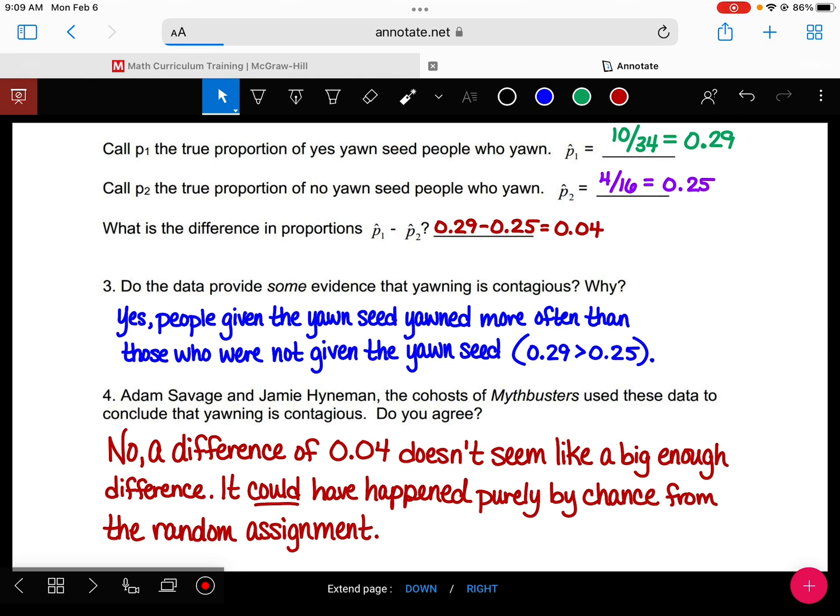So we're going to do an activity to determine whether or not this difference, this 0.04 that they saw, is statistically significant or not. So we are going to recreate their experiment using a different random assignment.